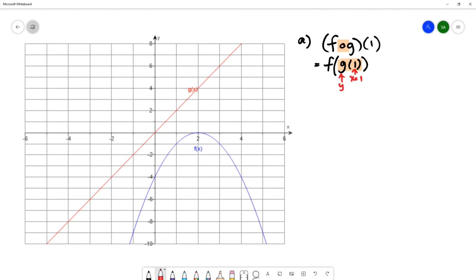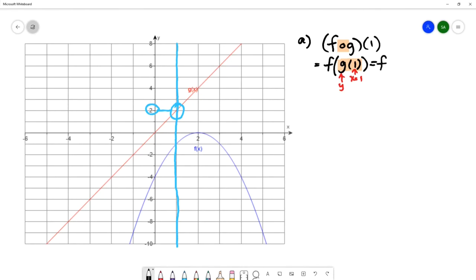So using the function g, we're going to look for an x value of 1. So all along this vertical line are all ordered pairs with an x of 1. And we want to specifically focus in on this ordered pair because it's on the graph of g, and that y value is 2. So we know that g of 1 is 2.